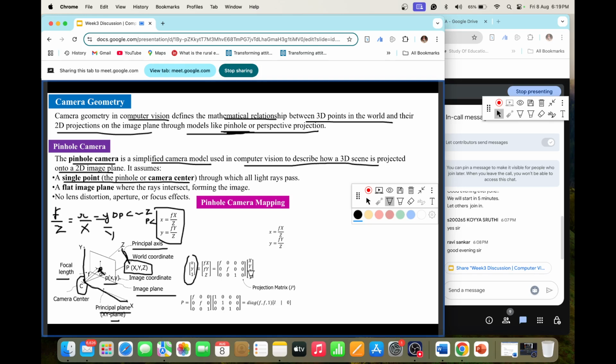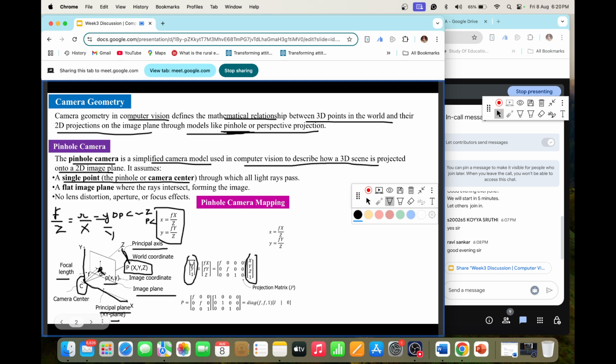Similarly, this is the point in the real space, previously written as x comma y comma z. But now in homogeneous space, we write x comma y comma z comma 1. We will be given this and we have to find this. How can we do this?